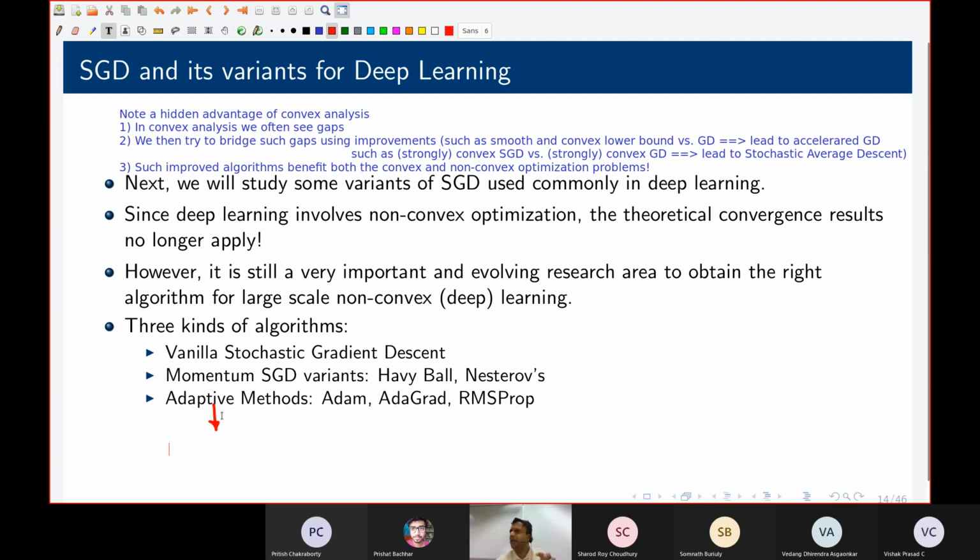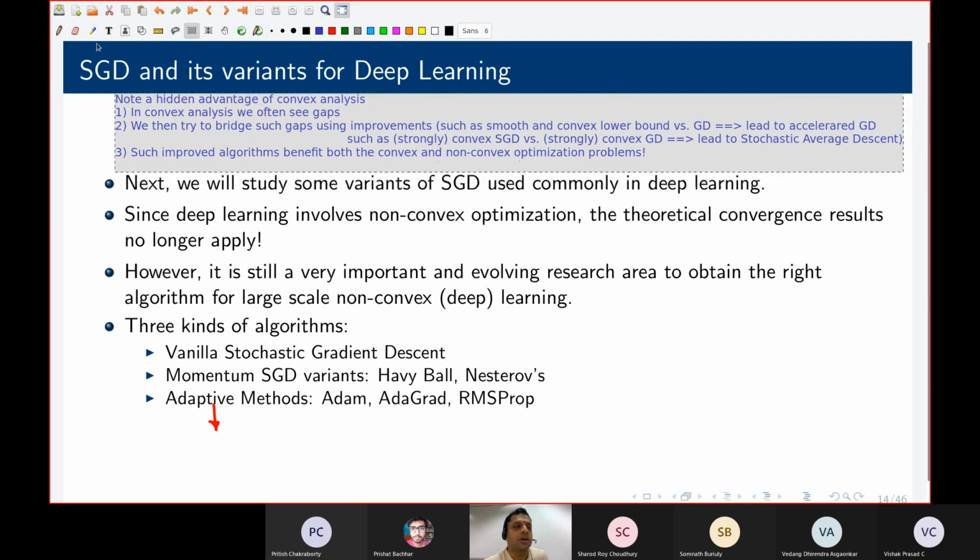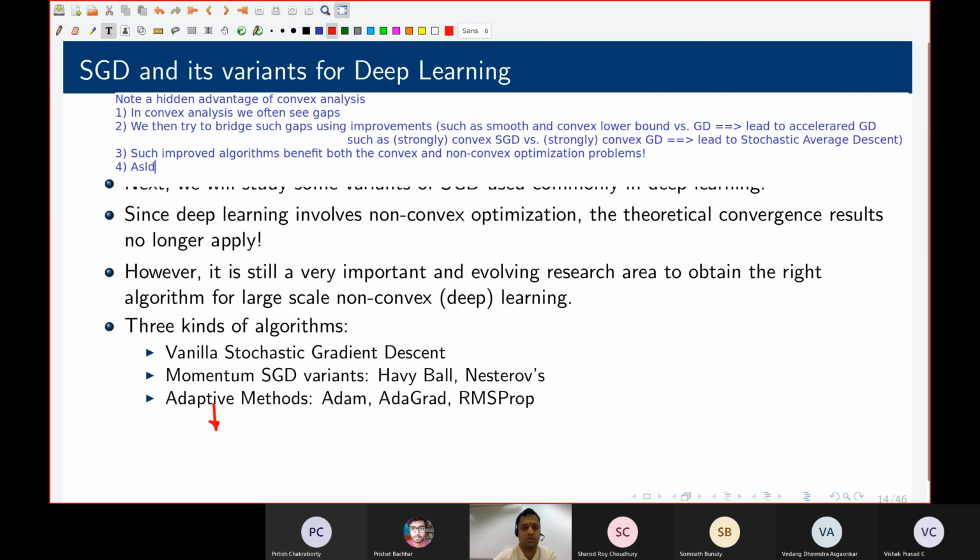We did try to talk about the Armijo condition, which maybe I should have mentioned here. Also, adaptive learning rates motivated by Armijo conditions. There are also Goldstein and Wolfe conditions.